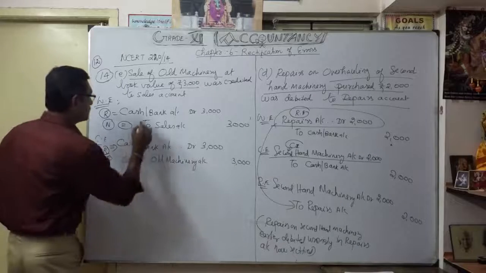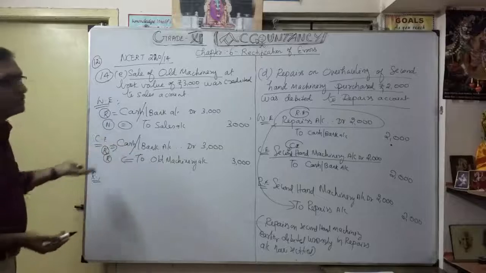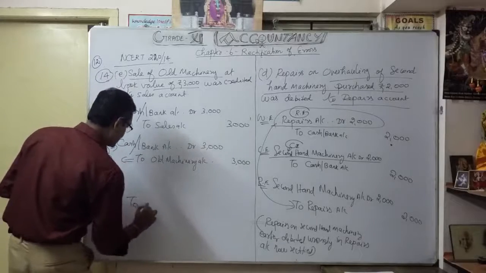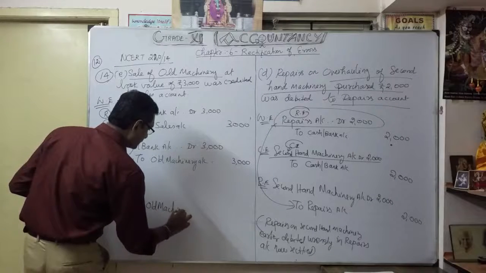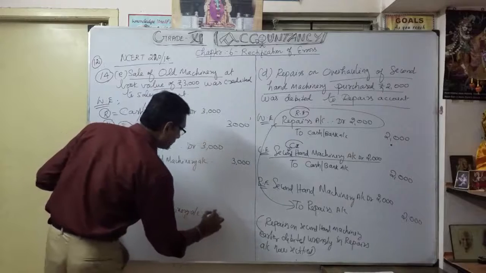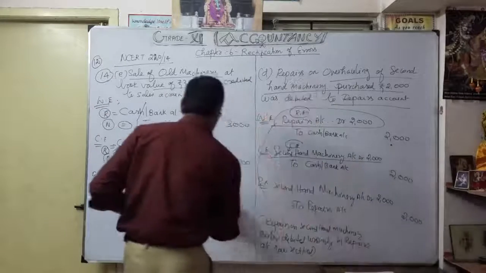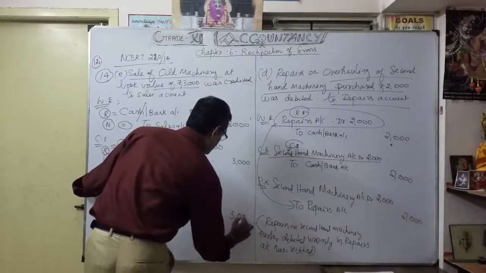As you know, this debit is correct. The only thing we want to correct is the credit, where the old machinery was wrongly credited to sales. So to old machinery account, 3,000.